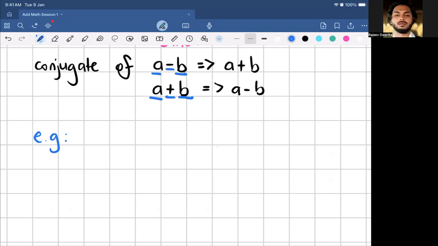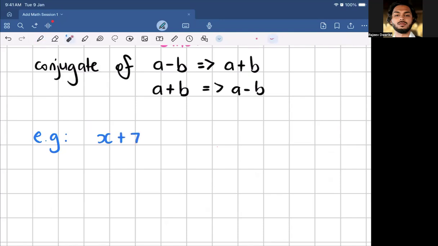Bi means two. So binomial just means you're adding or subtracting two terms. Simple. And linear just means that the highest power of x is 1. So when I say binomial linear term, I mean something like x plus 7.